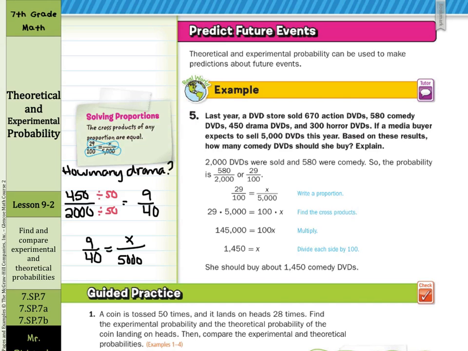So if we cross multiply this now, 9 times 5,000 is going to equal 40 times x. 9 times 5,000 is 45,000 equals 40x. And if you divide by 40 on both sides, our answer is 1,125 DVDs equals x.